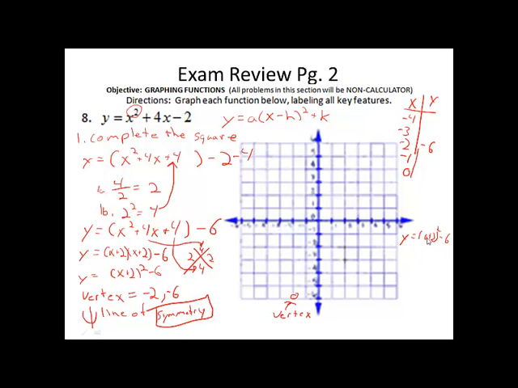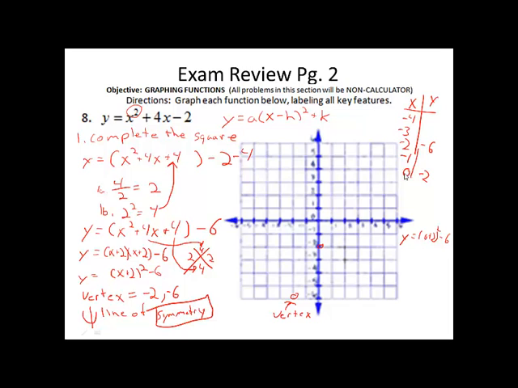So 0 plus 2 is 2. I square that, which is 4, and I subtract 6. So 4 minus 6 is negative 2. And I have a point right here. I write negative 2 right here, and I put my point right there.